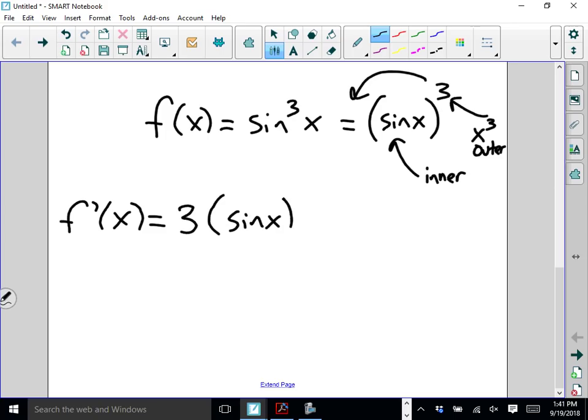So what I get here is the derivative of the outside, which is, right, if it was x cubed, it'd be 3x squared. Since it's sine cubed, it's 3 sine squared. It's the derivative of the outside, that would be the 3 and the 2, with respect to the inner function, which is sine of x. But don't forget, in chain rule, I always have to tack on what I need to multiply by, the derivative of the inside. Well, our inner function is sine, so our derivative would be cosine x.